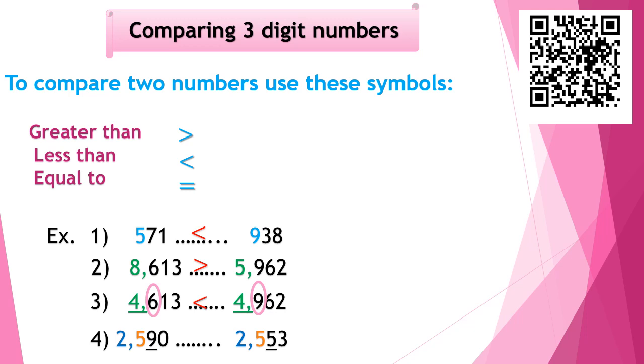It has here 2 and here 2. So compare hundreds. We have in hundreds here 5 and here 5. What should we do? We will compare tens. In tens here we have 9 and here 5. So 9 is bigger. So the greatest number is 2590.